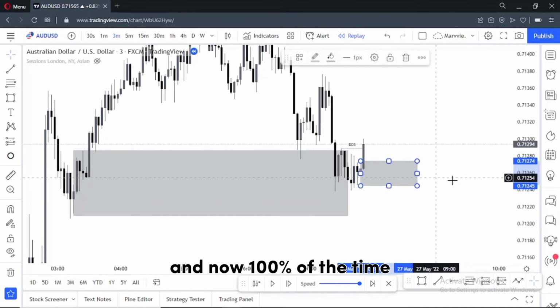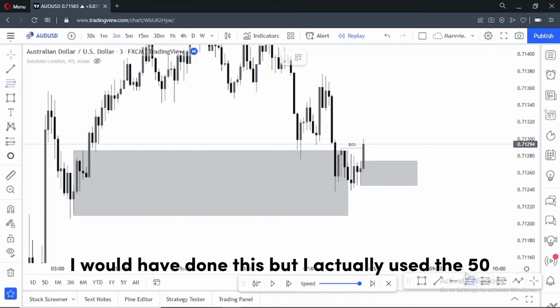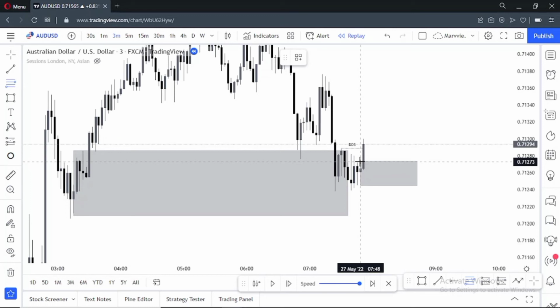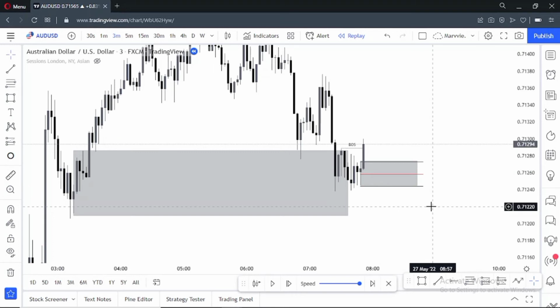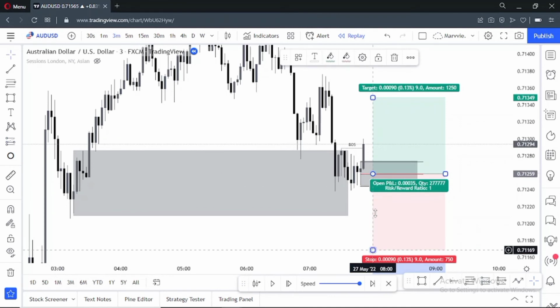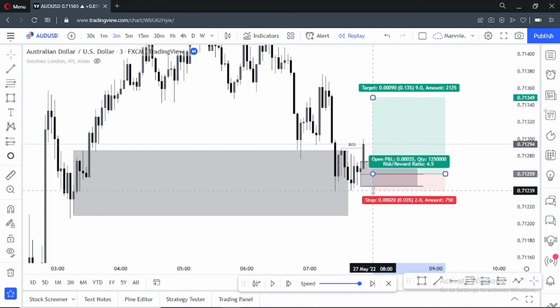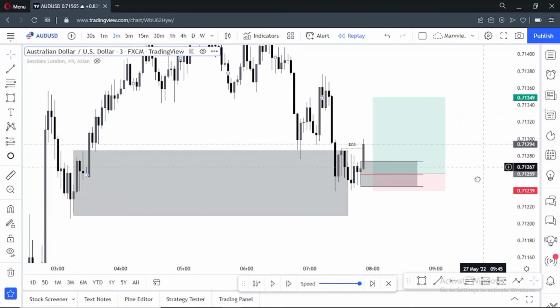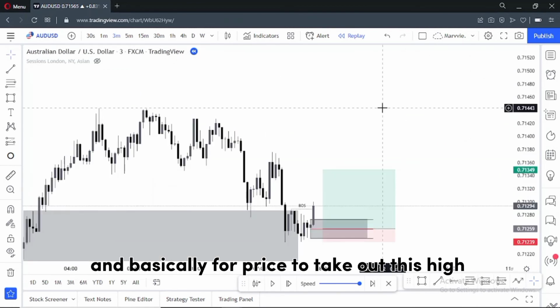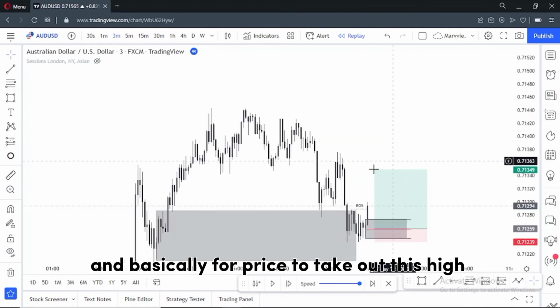Now 100% of the time I would have done this, but I actually used the 50% of this zone this time around. So I used the 50%, and basically for price to take out this high.